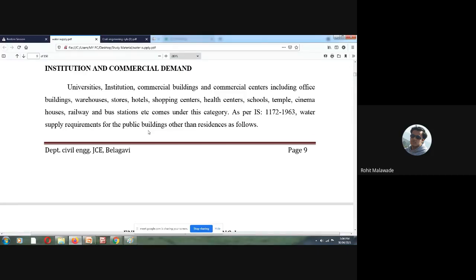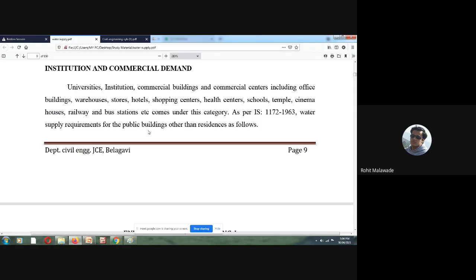In residential buildings, only 4, 8 or 10 people might be residing. But in institutes, we have schools, offices, jails, and in commercial areas we have hotels, motels, railway stations, bus stations.